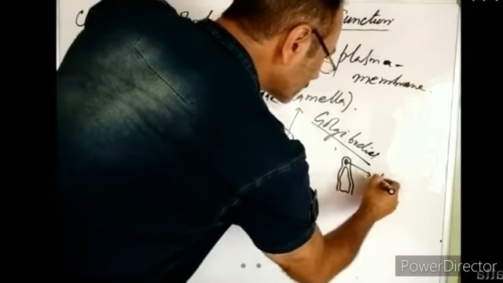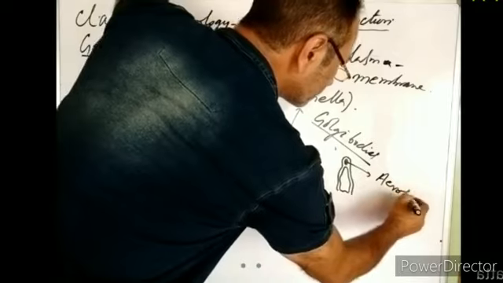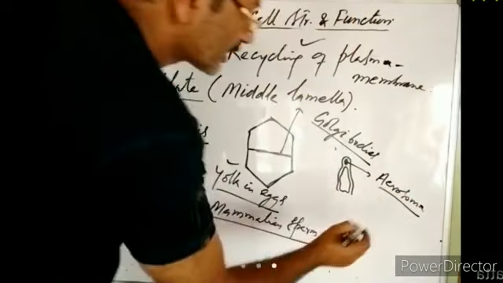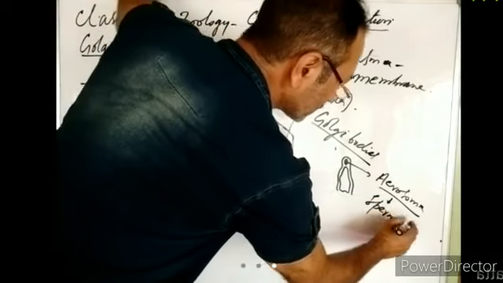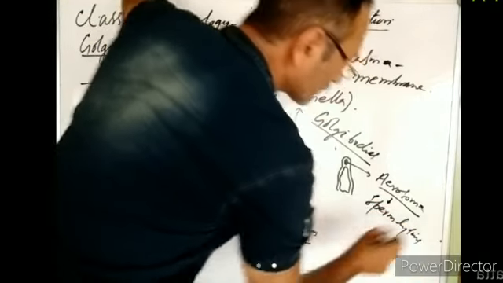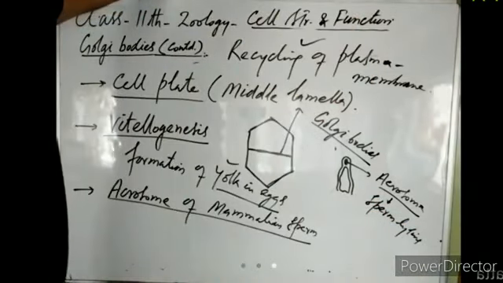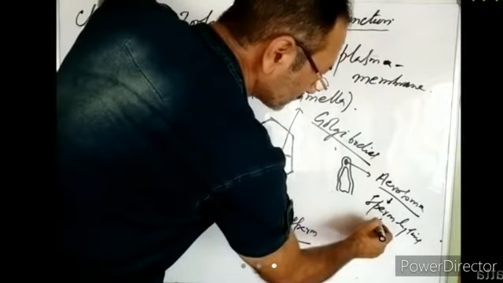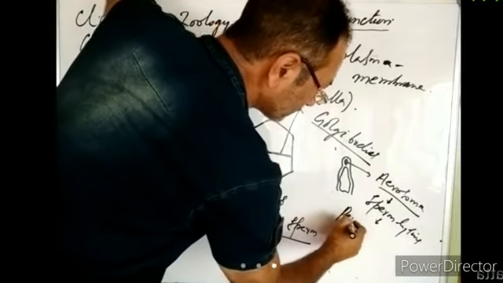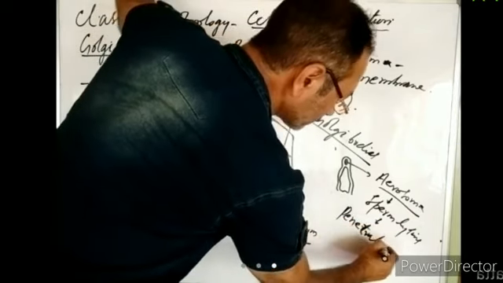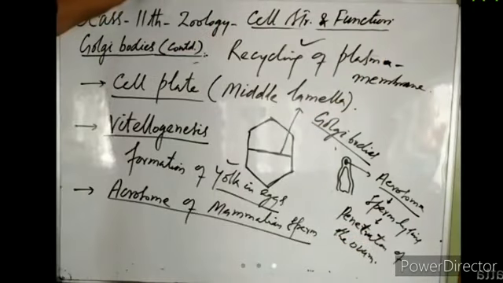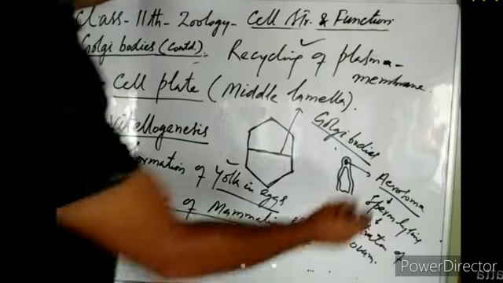This granule is known as the acrosome. In this acrosome, there are enzymes known as sperm lysins. These sperm lysins are used in penetration of the ovum. These sperm lysins penetrate the coverings of the ovum.